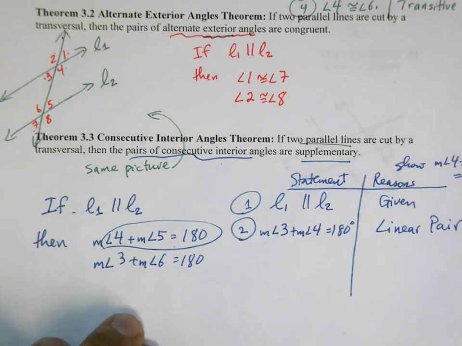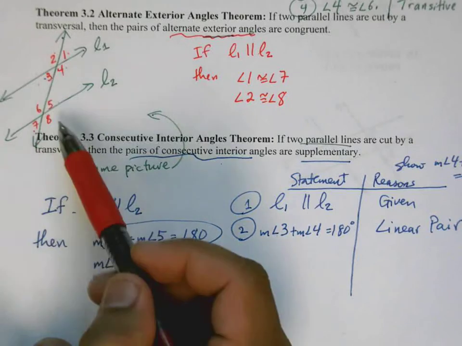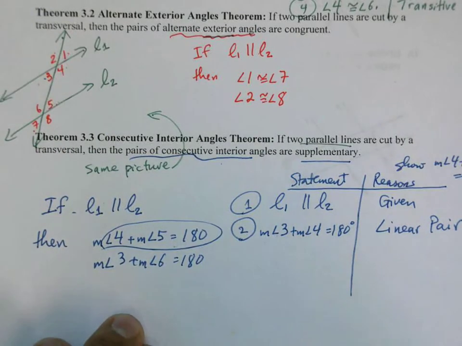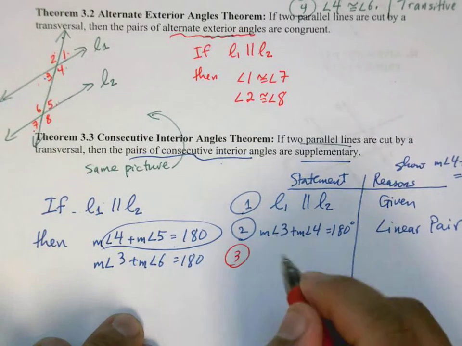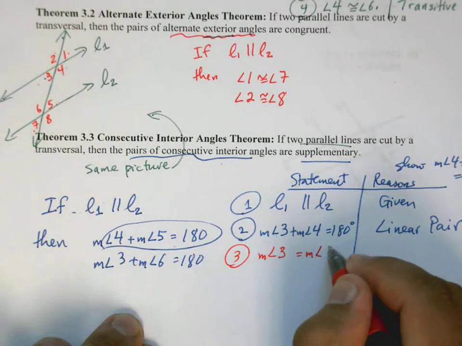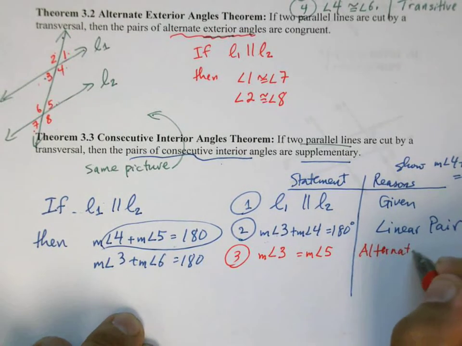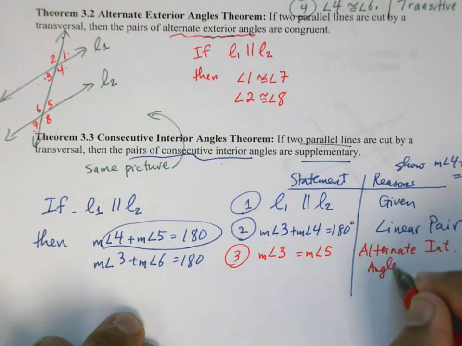So we're going to use a theorem from the previous video, and that says that angle 3 and angle 5 are alternate interior angles, so they have to be congruent whenever the lines are parallel. So in statement 3, angle 3 is equal to the measure of angle 5 because of the alternate interior angles theorem.